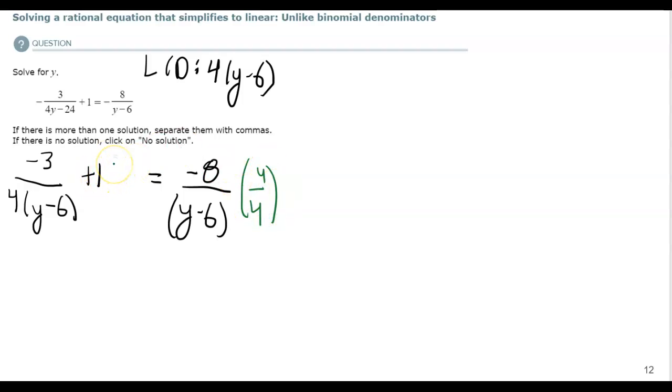This needs both of those. 4 times y minus 6. Once we cross off our denominator, because everyone has a 4 times y minus 6, we end up with negative 3 plus 4.